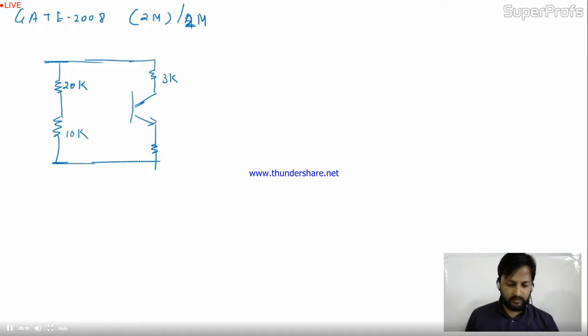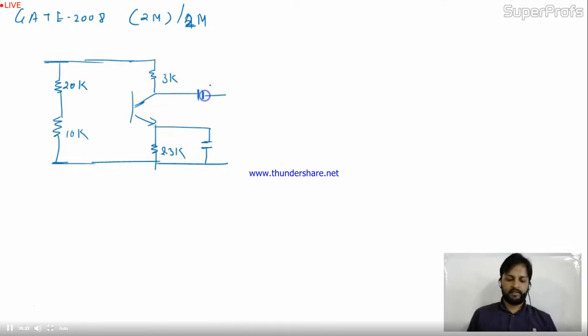The ammeter is connected with 2.3K in parallel with a capacitor. So obviously this will be a common emitter, right? Here it's connected with C2 coupling capacitor, and here connected with 3K like this, taking output. 3K, 20K applied with 9 volt VCC. This is the input.